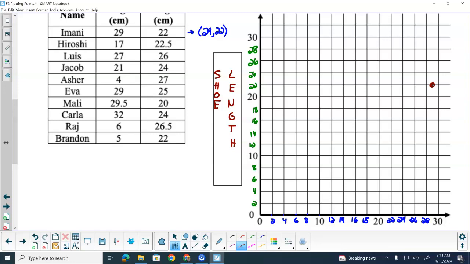They are all different ones. So we could label this. I'm going to label it with the first letter of their name. So Amani, I'm going to put an I next to that one.